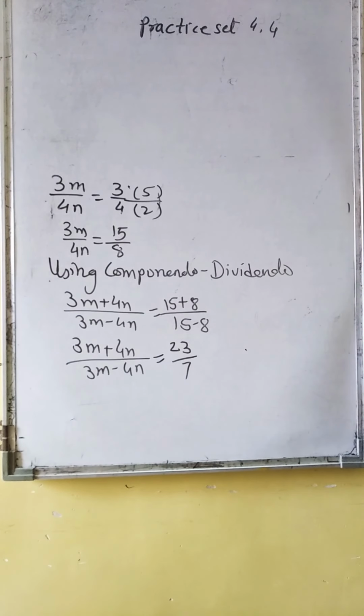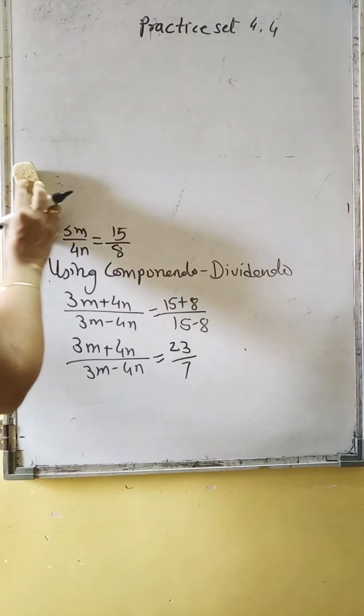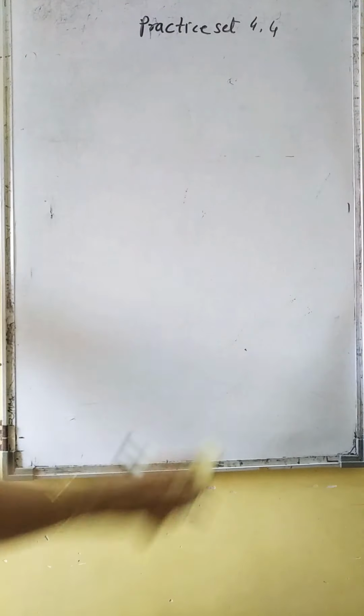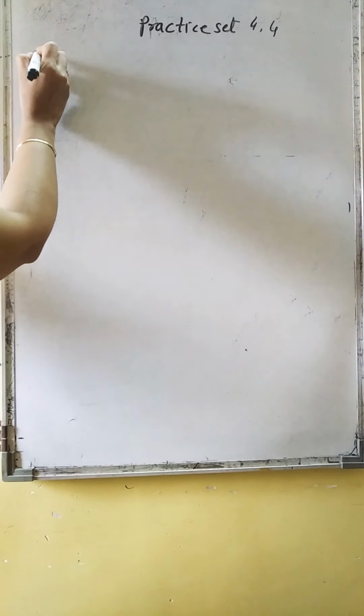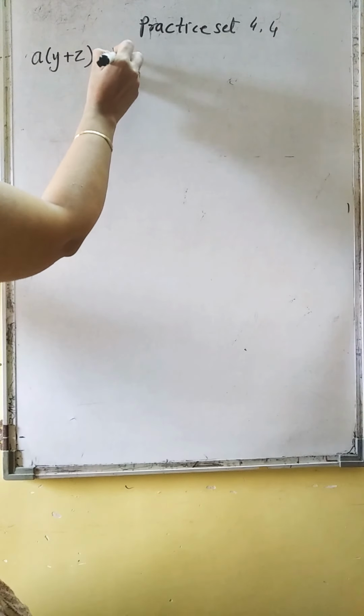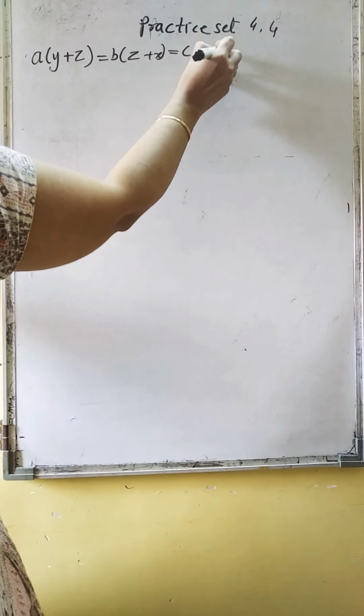Now the third question, first part. What does it say? So children, slowly the difficulty order of the questions is increasing, so I want your complete attention here. I hope everybody has completed the sum. So let's see now. a into y plus z is equal to b into z plus x is equal to c into x plus y.